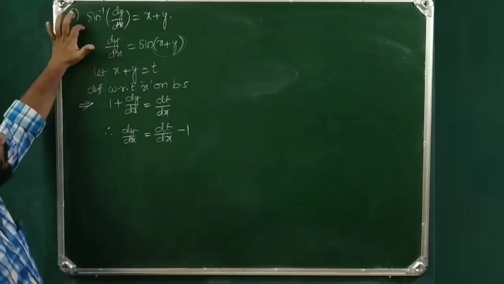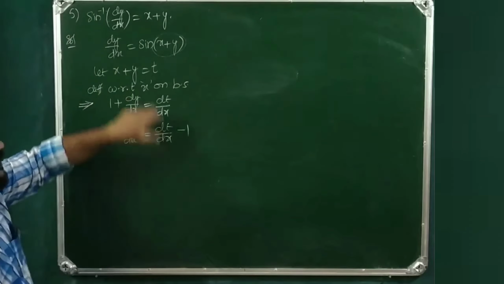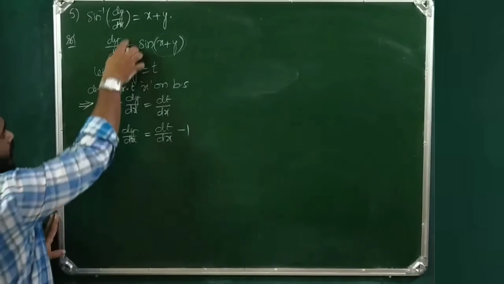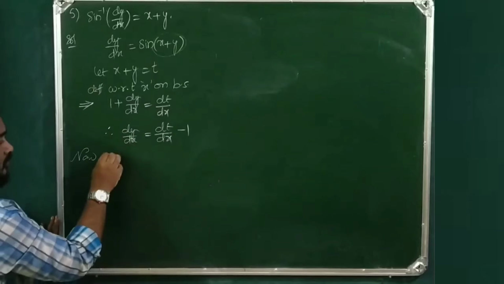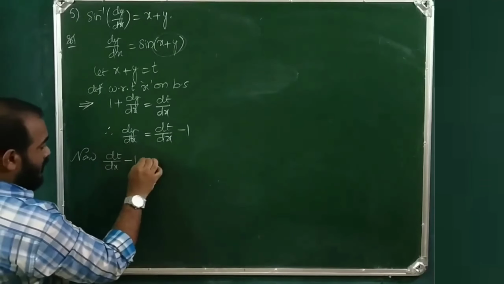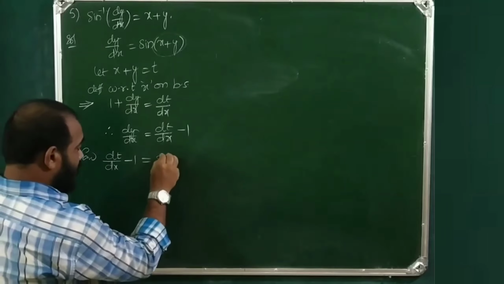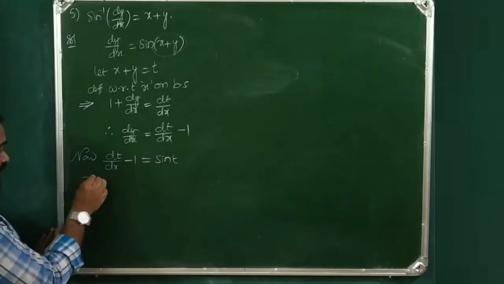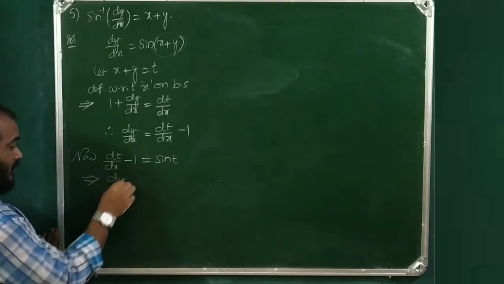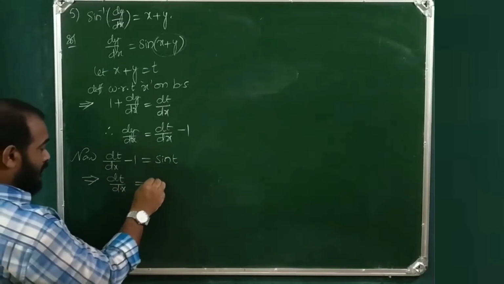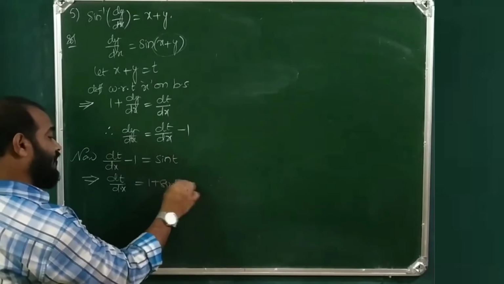Now, you try substituting this into this. What is dy by dx that I got now? dt by dx minus 1 is equal to sine of (x + y), which is sin t. So dt by dx is equal to 1 plus sin t.